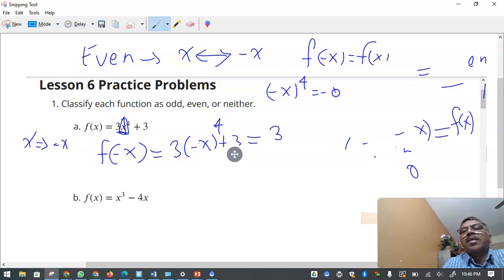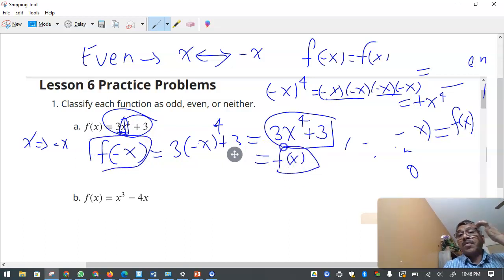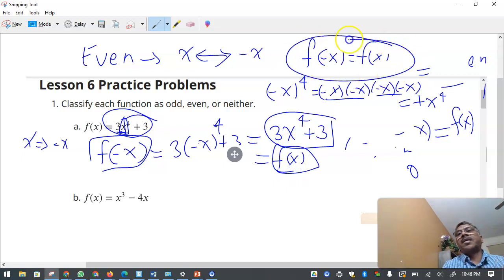It is minus x times minus x times minus x times minus x, 4 times, and you can see the negatives become positive. Eventually you get positive x raised to 4, so you get 3x raised to the power 4 plus 3, exactly the same as here. So this is f of x. You begin with f of minus x and end with f of x, which clearly satisfies the rule.